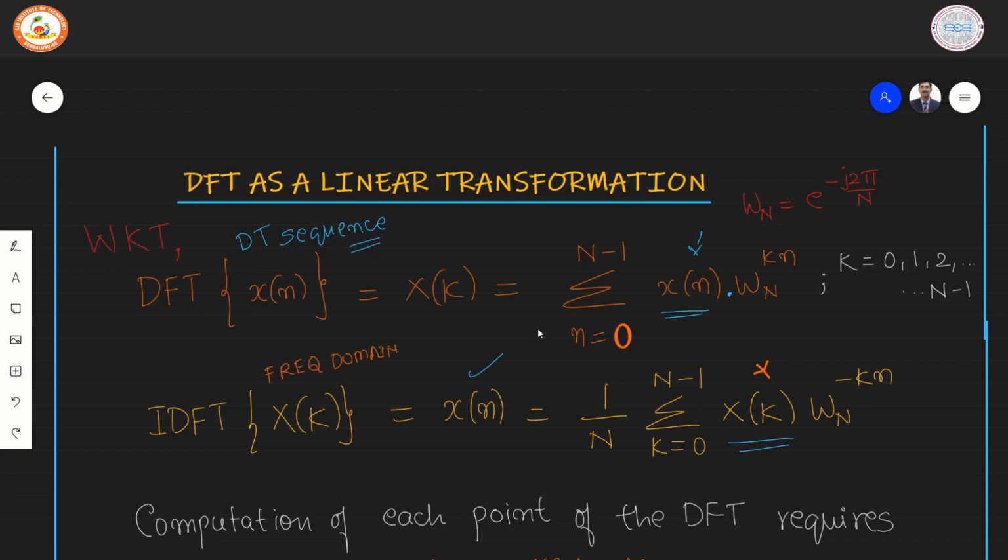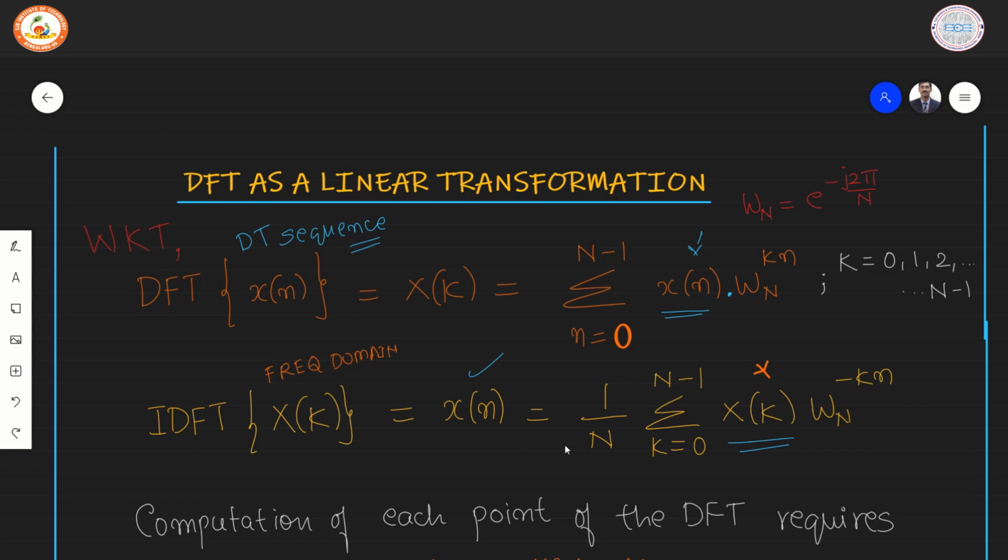Similarly, the inverse transformation is referred to as the IDFT. The IDFT is performed on the input, which is called X of k. So X of k is a frequency domain sequence. Taking its IDFT gives you the value called x of n, which is a time domain sequence.